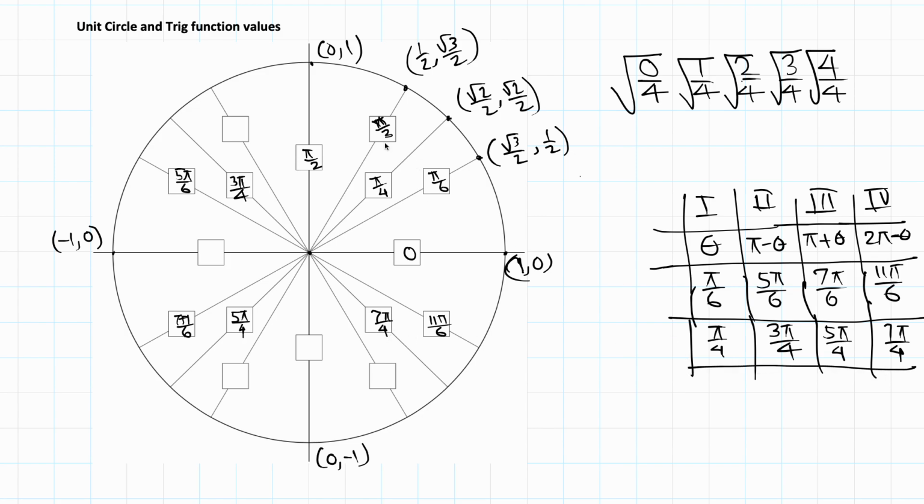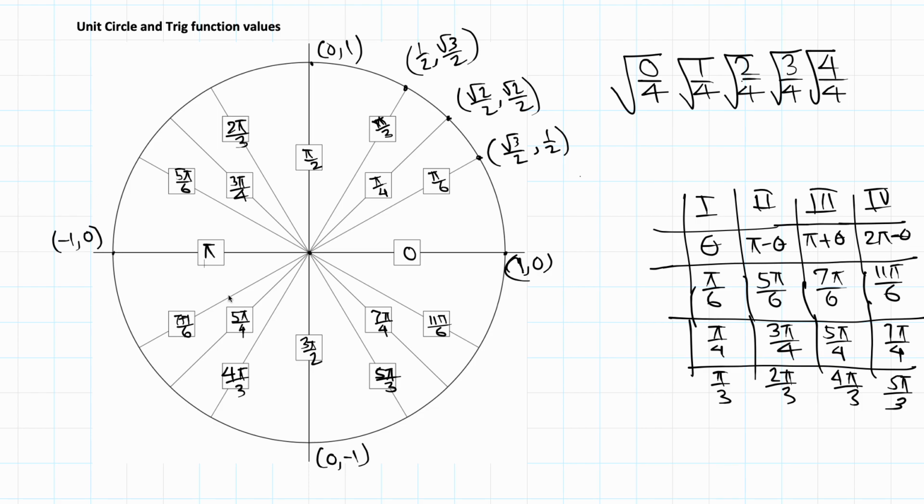Then finally, we got another angle, pi over 3. Pi minus pi over 3, 2 pi over 3, 4 pi over 3, 5 pi over 3. So pi over 3, this would be 2 pi over 3. Now here, that's 4 pi over 3. And this one is 5 pi over 3. And this one is 90. So this should be 270. That's the 3 pi over 2 angle. And 0, this is 180 or pi.